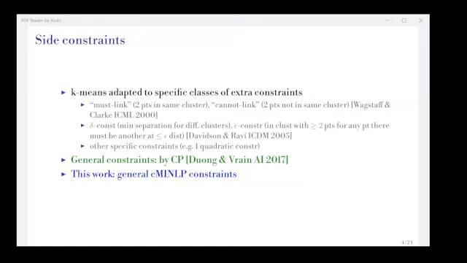But if you don't know in advance what kind of constraints you will have, then this is much more difficult. I mean, adapting k-means needs a structure. If you don't know what the structure is going to be, it's going to be difficult to adapt k-means.